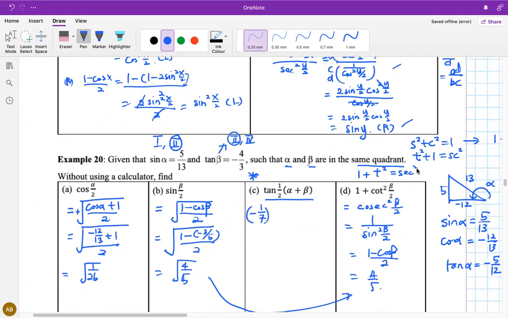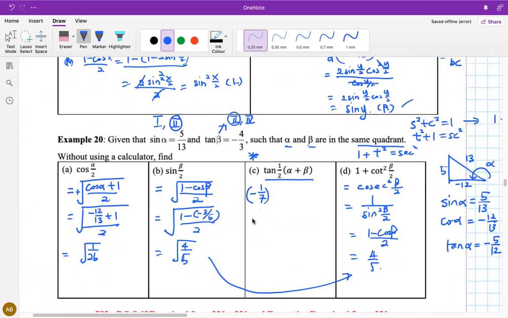Meaning that if I use 1 minus cos, so if I use tangent theta over 2 equals 1 minus cos theta over sine theta. So I use this property, so I write down half of alpha plus beta.